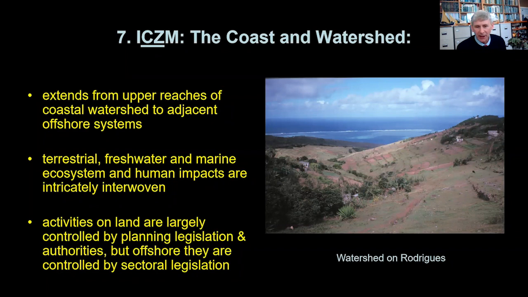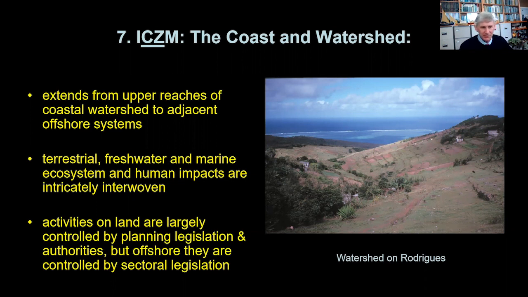So of course, in small island states, they're fantastic because you can see the whole watershed. You can stand on the highest point, look down the valley towards the marine system, and you have quite a good understanding of the area that you're dealing with. But often the end of that coastal zone will be the edge of the continental shelf, or where an island drops off, for example.